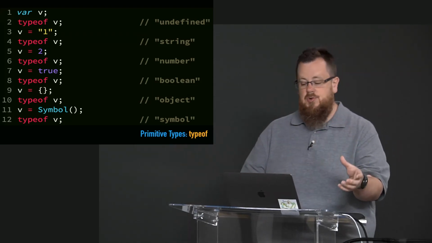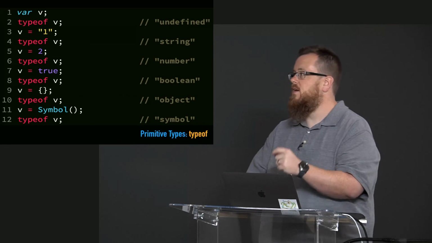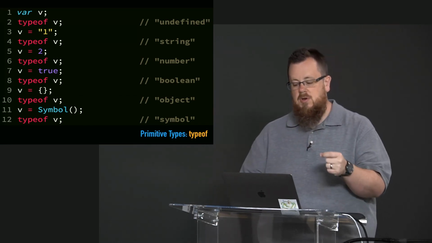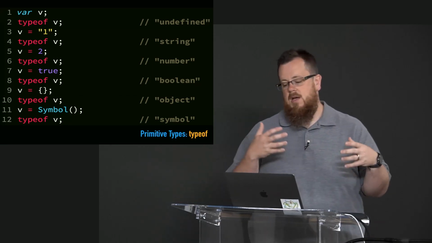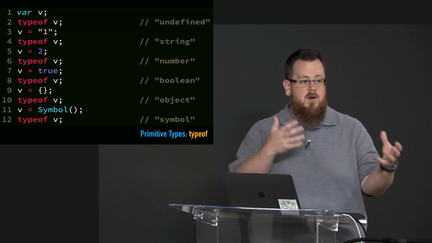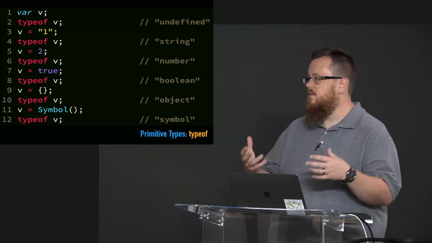If I assign it a string 1 and then I say typeof v, I'm going to get, quote, string. And then if I assign it the number 2 and I say typeof, it's, quote, number. And so on. For Boolean, we see the object giving us, quote, object. There's one of those ES6 symbols giving us, quote, symbol.